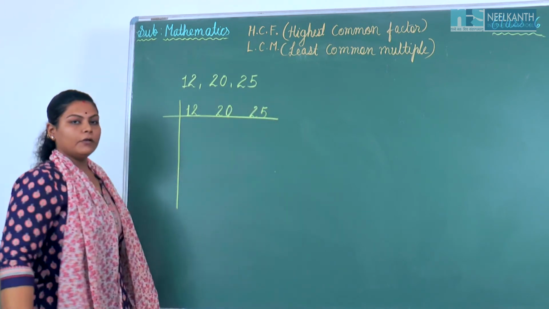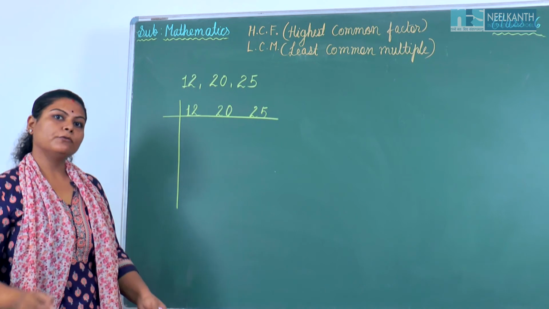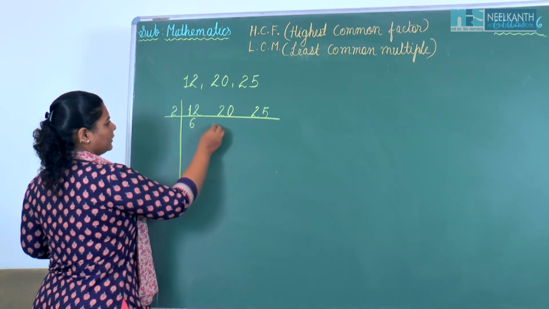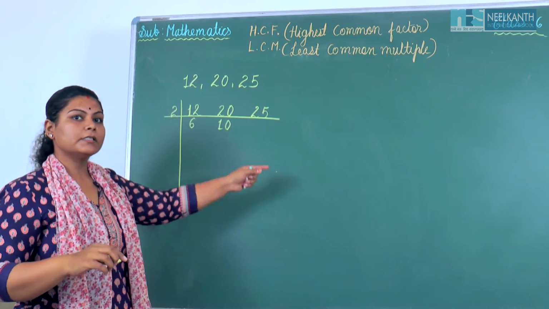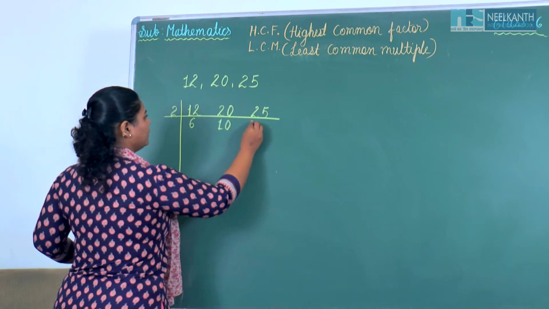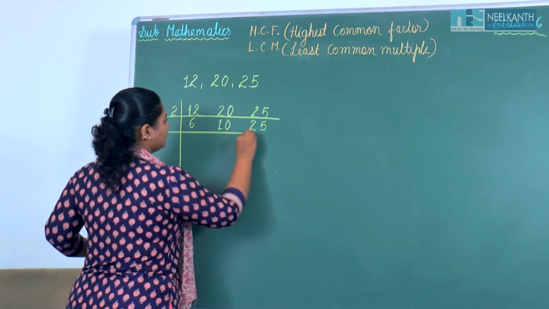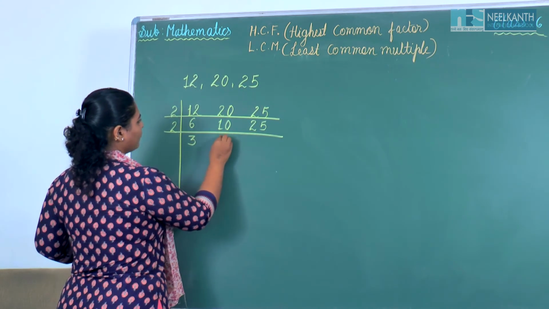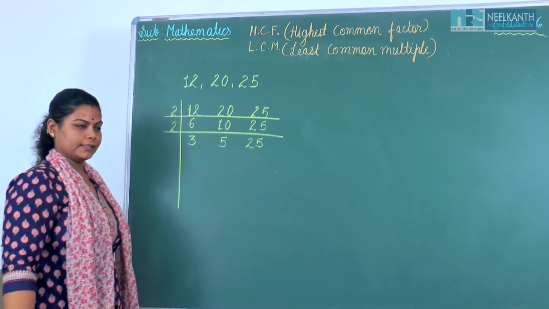We check whether any number is divisible by 2, so we start with 2 only. 2 sixes are 12, 2 tens are 20, and 25 remains as it is because it is not divisible by 2. Further we can divide: 2 threes are 6, 2 fives are 10, and 25 again remains as it is.